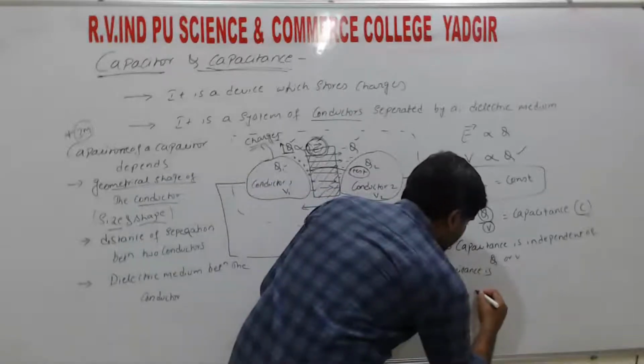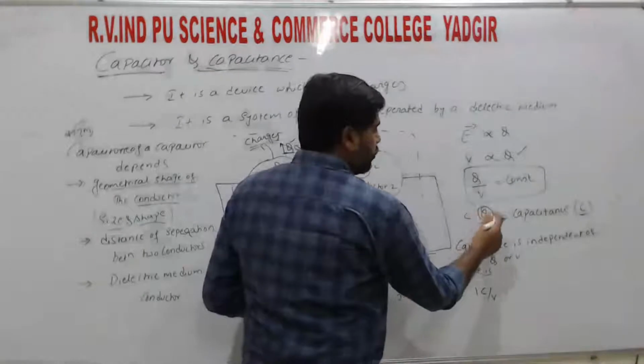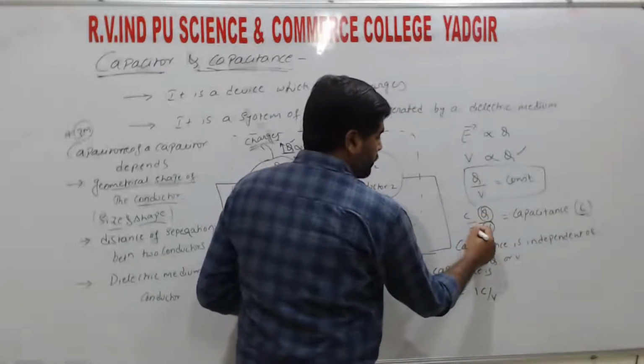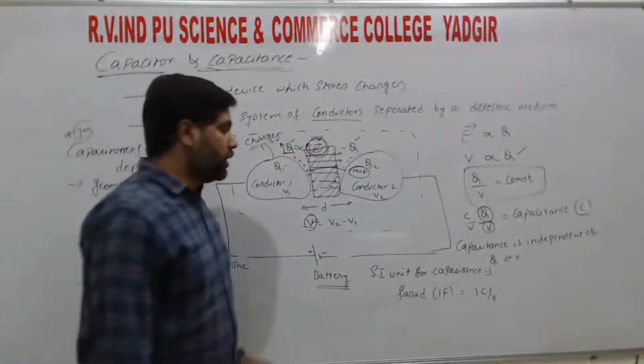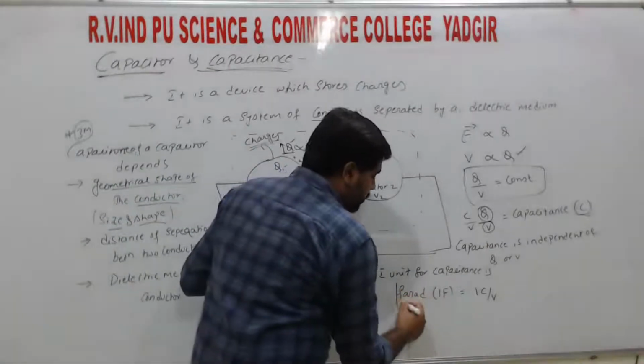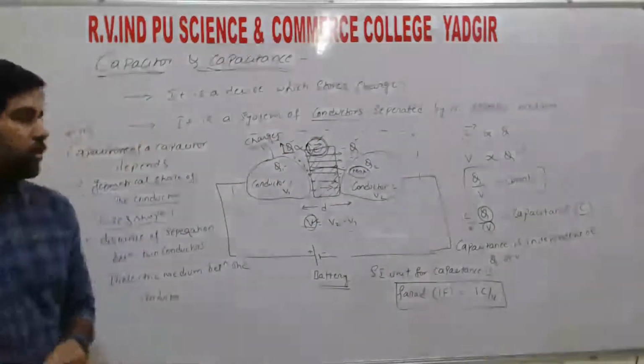And 1 farad equals 1 coulomb per volt. The SI unit for charge is coulomb and the SI unit for voltage, that is potential difference, is V. So 1 farad equals 1 coulomb per volt, right?